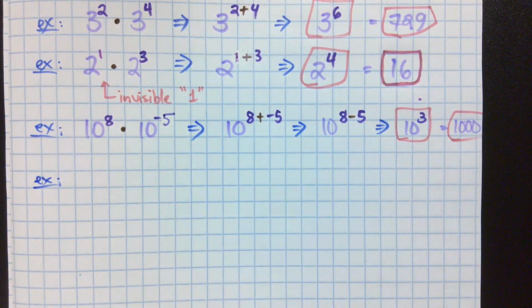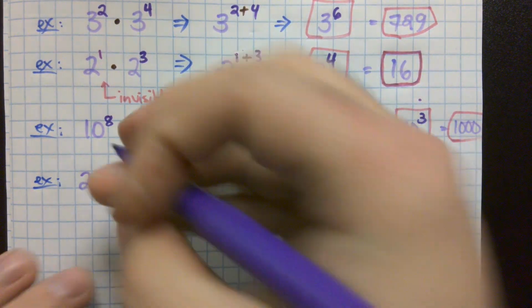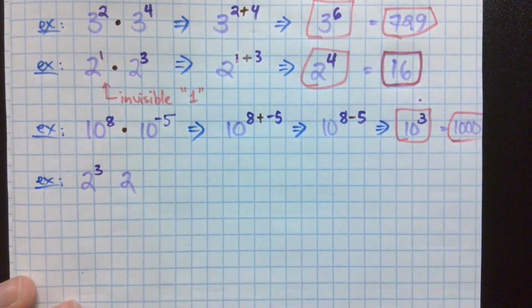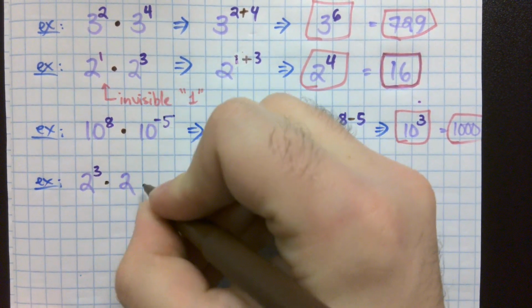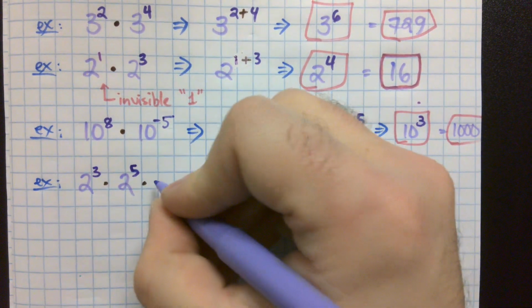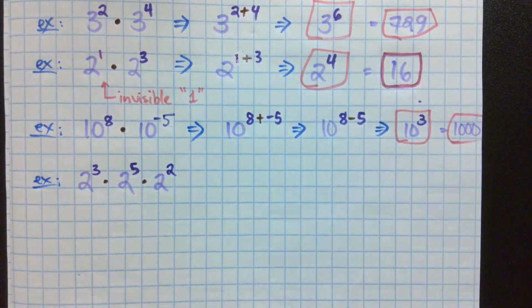So let's do 2 to the power of 3 times 2 to the power of 5 times 2 to the power of 2.